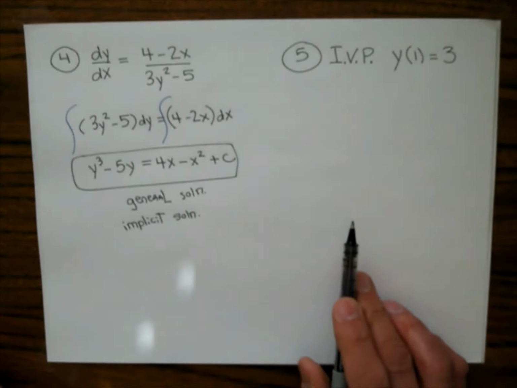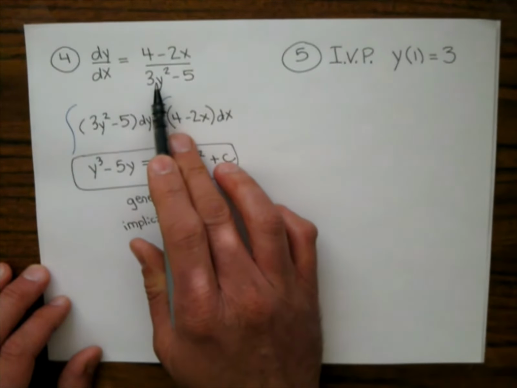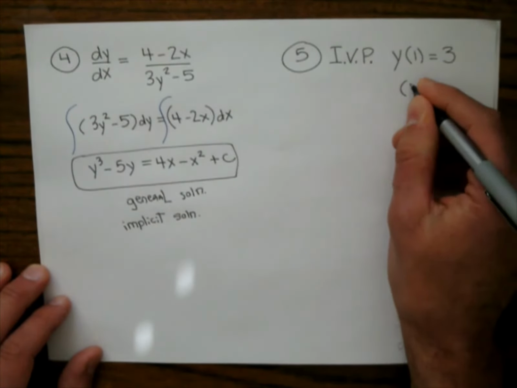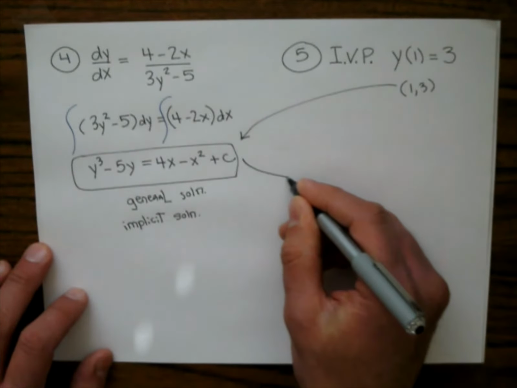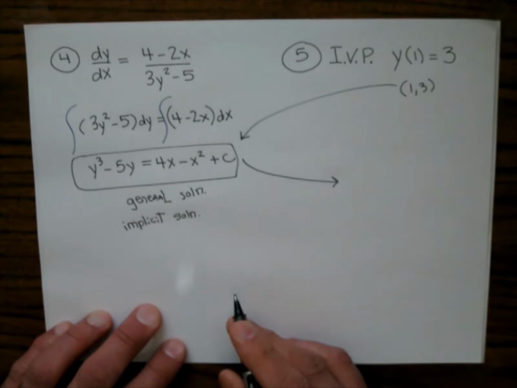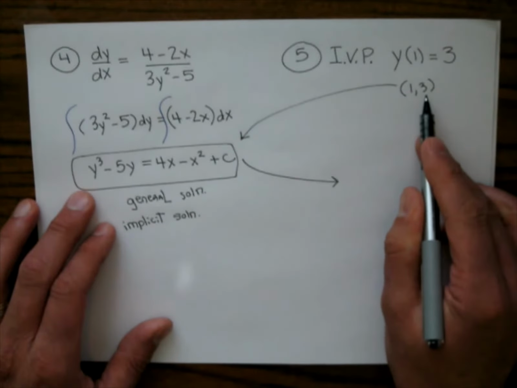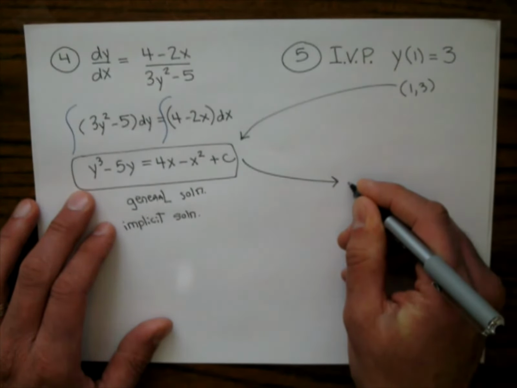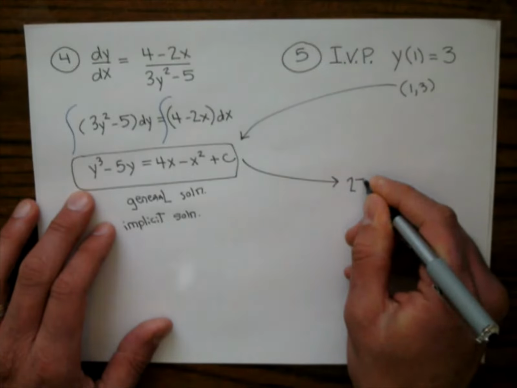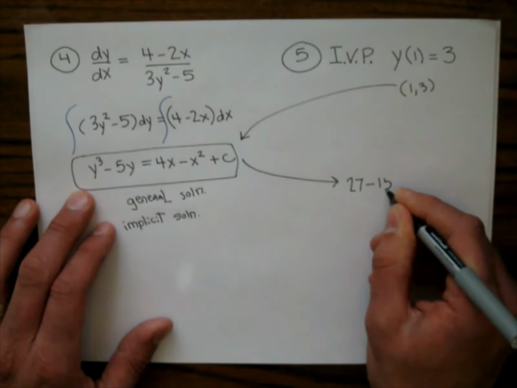Okay, so the IVP, the initial value problem, means we are going to plug the point 1, 3 into that general solution to solve for c, and then that will give us a particular solution. Both will still be implicit. So when I do that, I end up getting y cubed, so that's 3 times 3 times 3, 27, minus 5 times y, so that's 15.